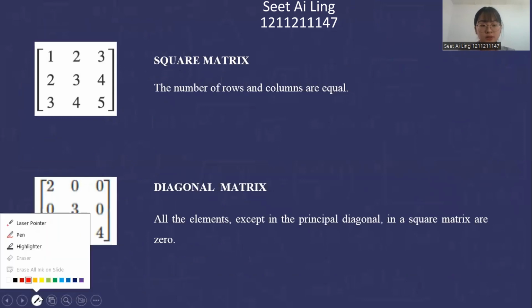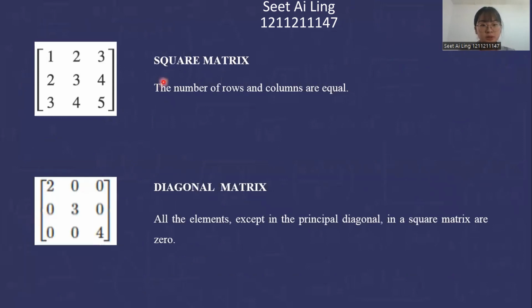So here are our types of matrix. The first one is square matrix. A square matrix is where the number of rows and columns are equal. So let us see this. We can see the rows and the columns are equal, so it is of order 3 times 3. The second one is diagonal matrix.